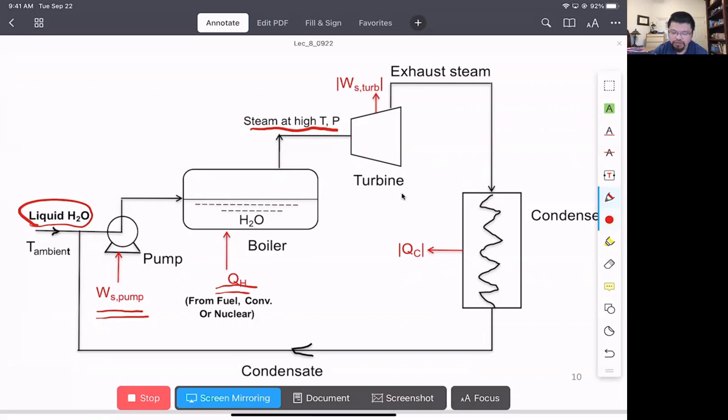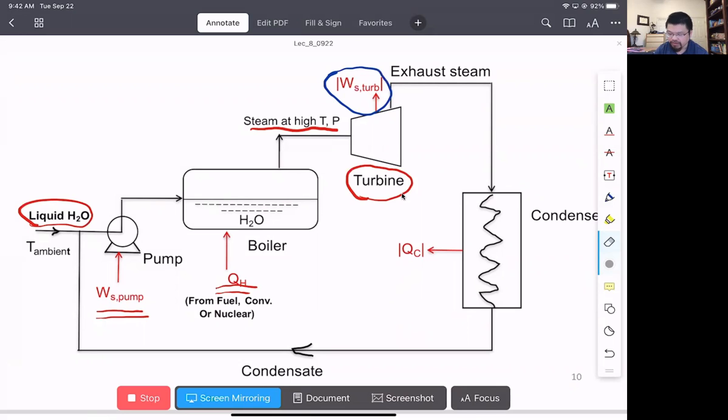And then we are going to have the steam moving into the turbine. And the turbine is a unit to produce the work, as suggested from here. We are going to have the work output, right? And then if you look at the working fluid steam, then we are going to have the exhaust steam. So the temperature and pressure shall be dropped. And then we try to further condense that exhaust steam.